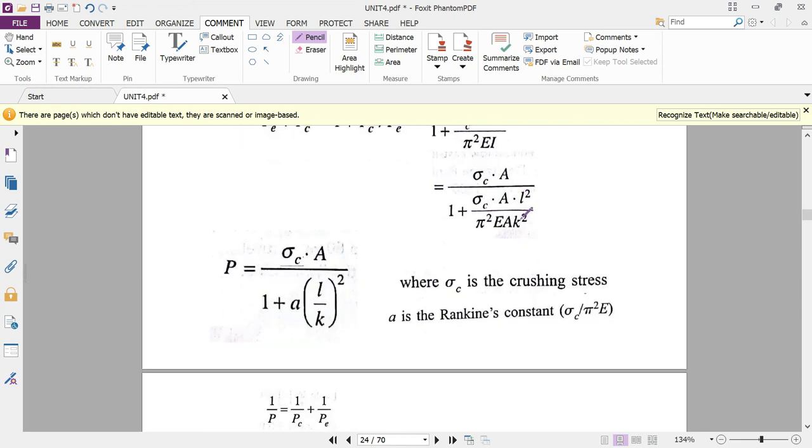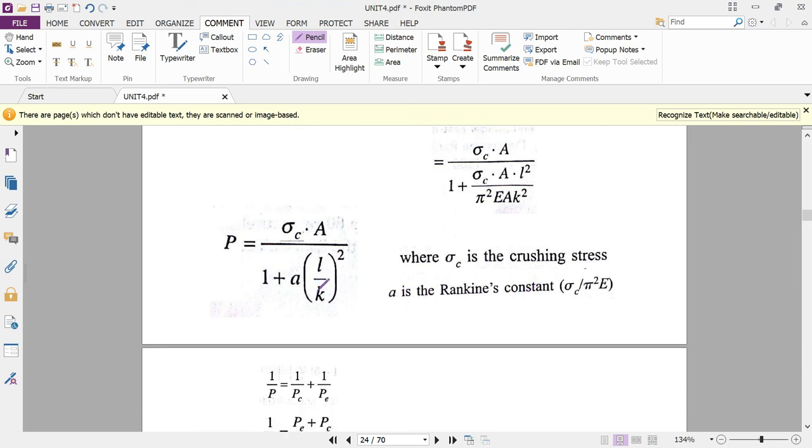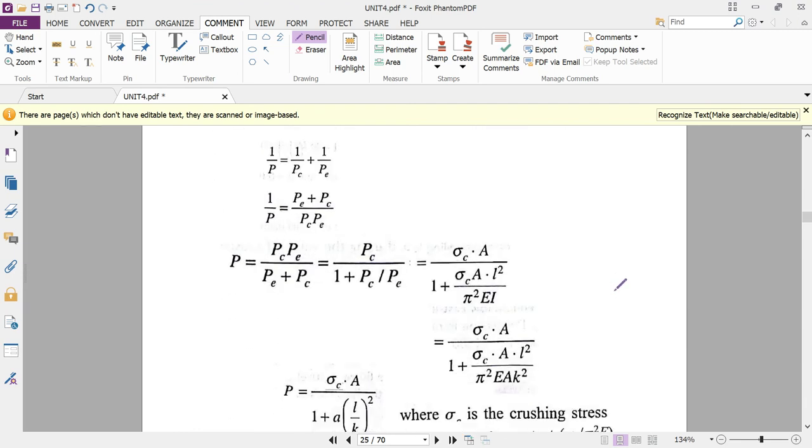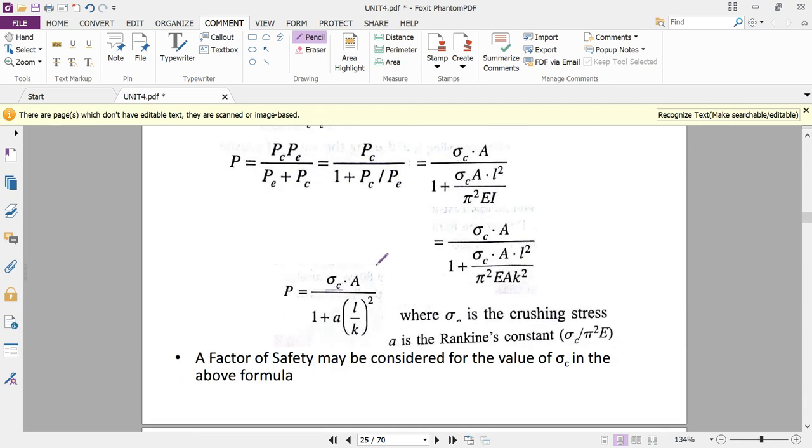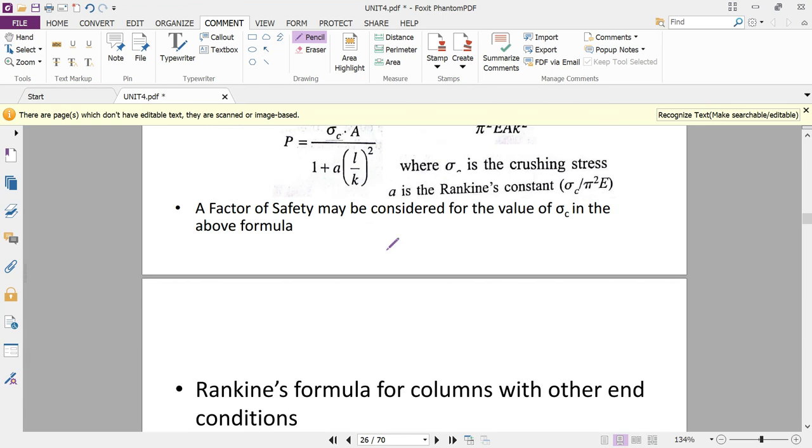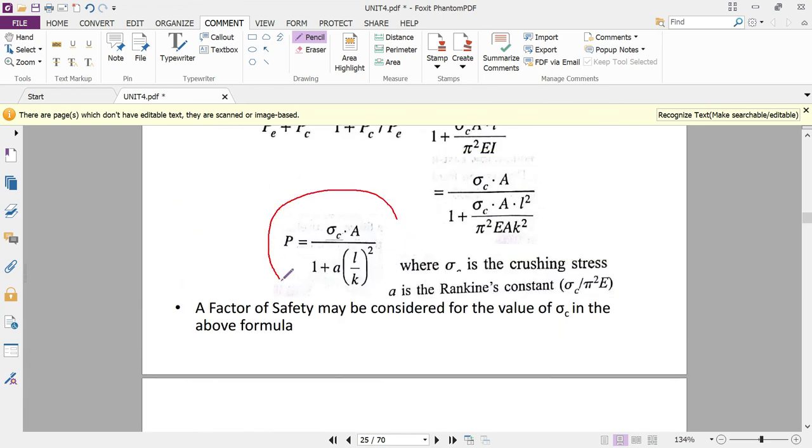Then again in generalized form it can be written as P is equal to sigma C A divided by 1 plus alpha in bracket (L by K) square, where sigma C is the crushing stress and alpha is the Rankine's constant, which can be written as sigma C by pi square E. So again this is the generalized equation by which you can easily calculate the Rankine's load.